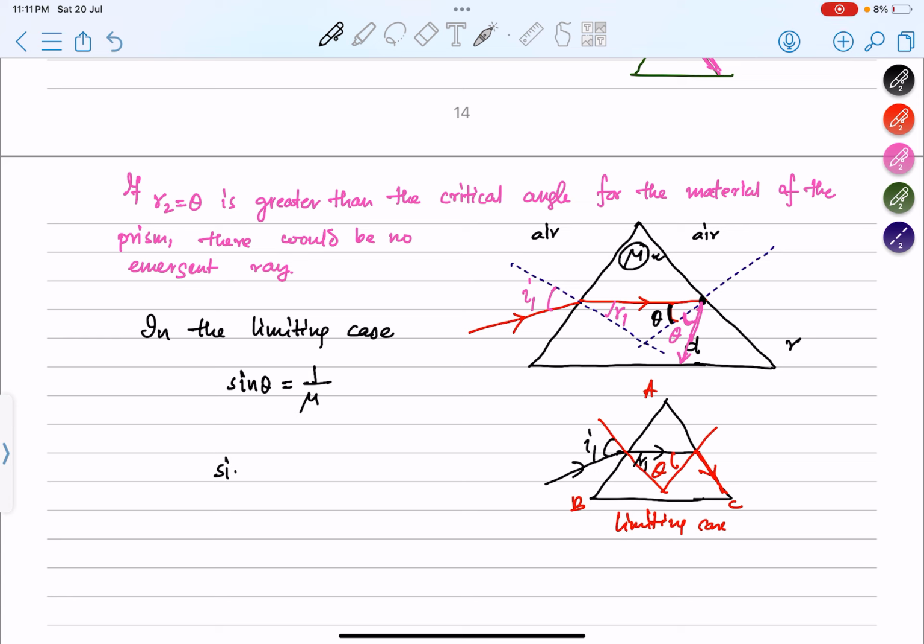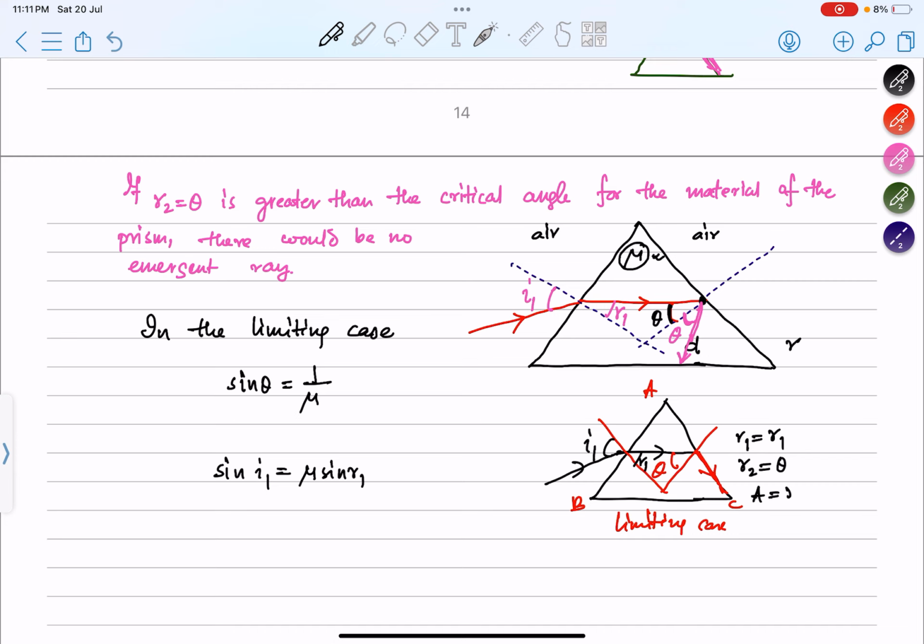Clear? So what is happening here? Sine I1 will be equal to mu sine R1. Understood? And R1 is what? Here R1 is R1 and R2 is theta.